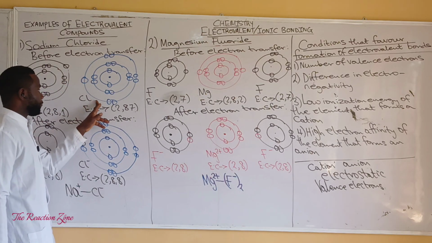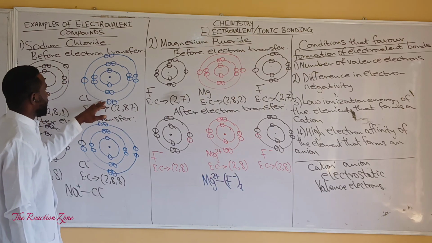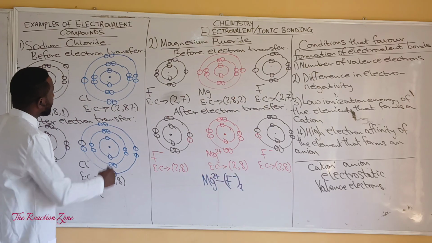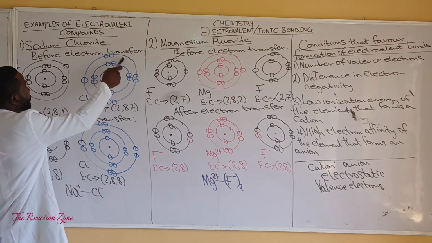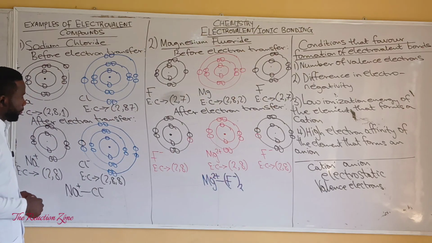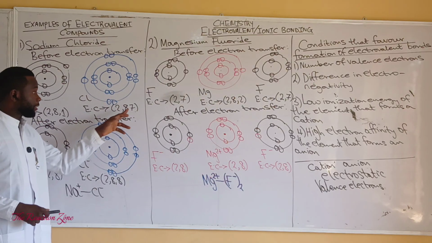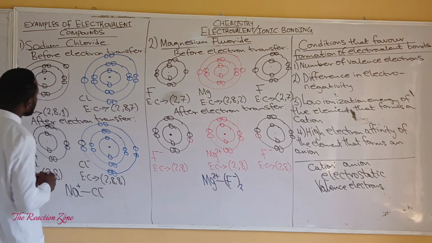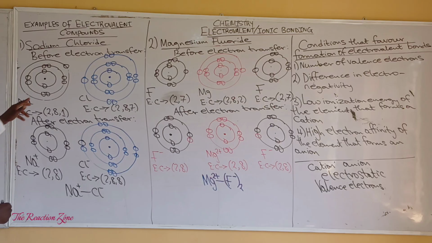Looking at the structure of chlorine, this diagram here shows the arrangement of electrons in the chlorine atom. You can see that chlorine has 7 electrons in its outermost electron shell. In other words, chlorine has 7 valence electrons. Sodium requires 7 more electrons to obey the octet rule.